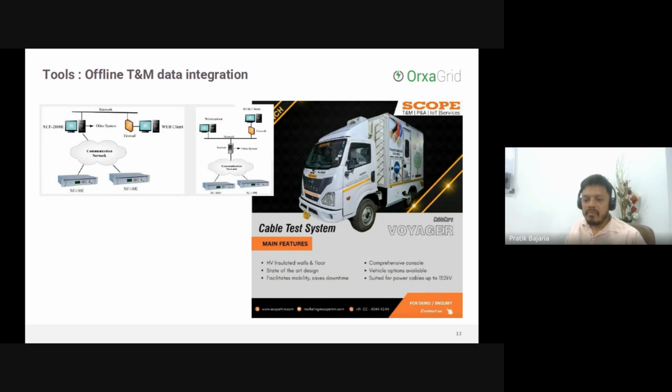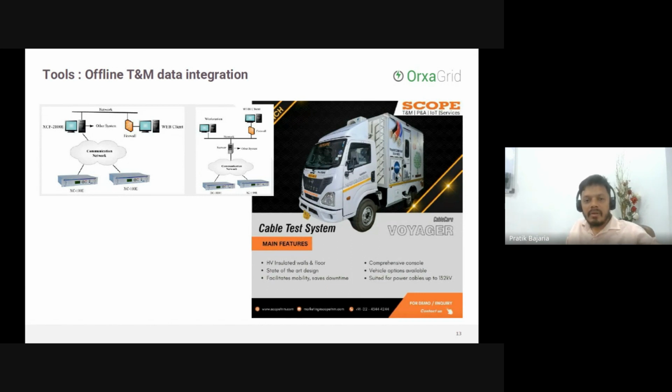Now, what I want to convey is that the solutions we give on our scope side, which are necessarily offline T&M solutions, happen to be a point of accessibility or propagation, where we make sure that any predictions and prescriptions that you give are more specific to real-time faults or near reality.